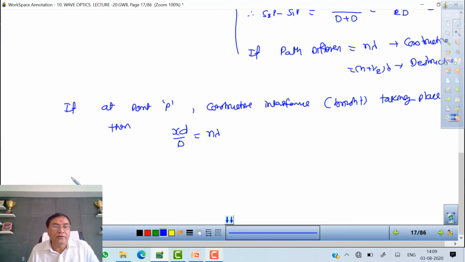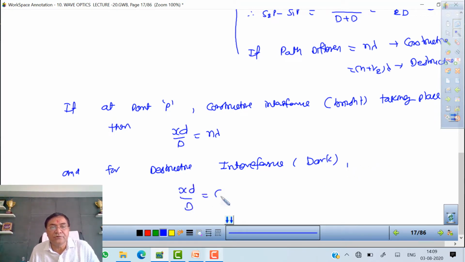And for destructive interference, it means dark fringe, xd upon D is equal to n plus half lambda. I put suffix small n because the distance is going to be variable. So this you can say for constructive and this for destructive.